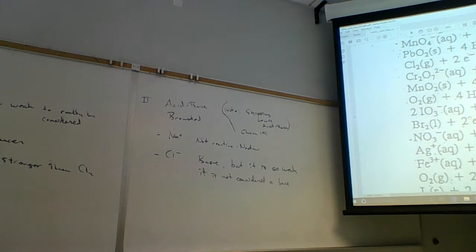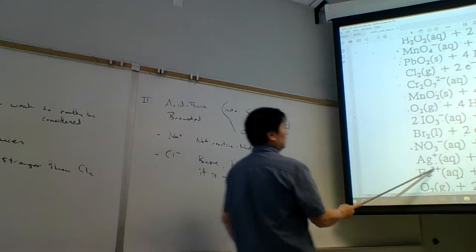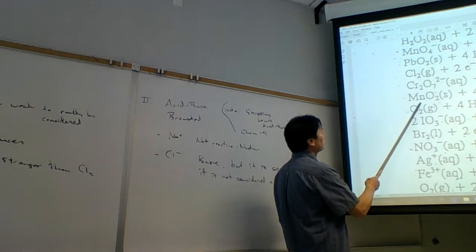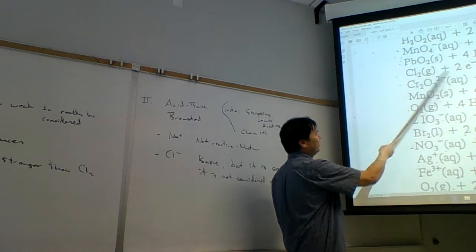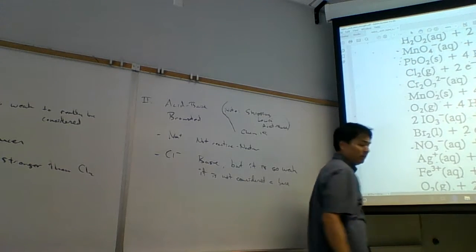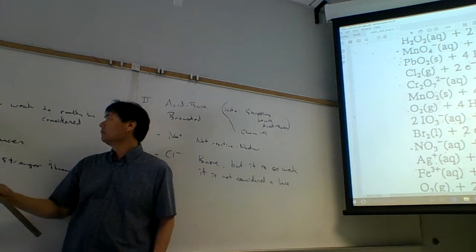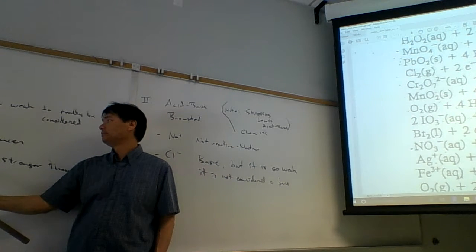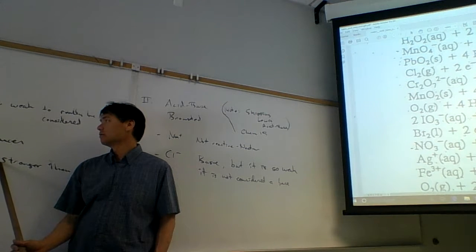And so we just keep going up the list. None of these. And then finally we hit chlorine, but chlorine versus chloride tied, and then we got to go above. And then we'll have reaction. And so here, chloride can react with powerful oxidizers.